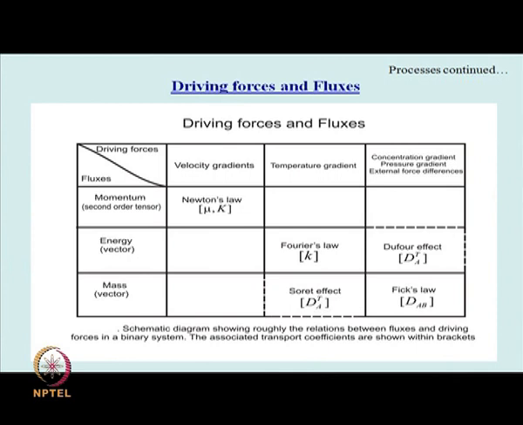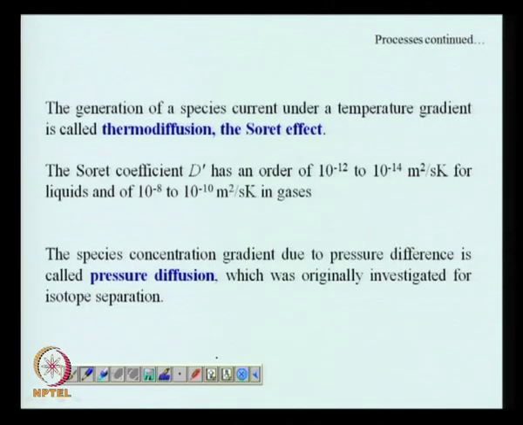Now, when you look at the values of these diffusion coefficients, for example DAT and DAB, you will never come across a situation in macrosystems where enough temperature gradient is present in the system such that these two processes become comparable. So, let us see what the values are.